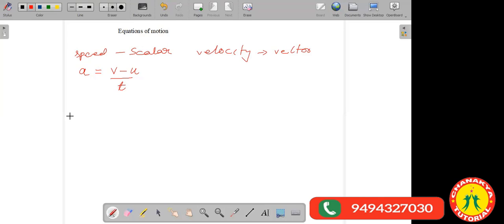In which cases will acceleration be positive? If the velocity of the object increases uniformly, then acceleration will be positive. If you have negative acceleration, it's also called retardation.